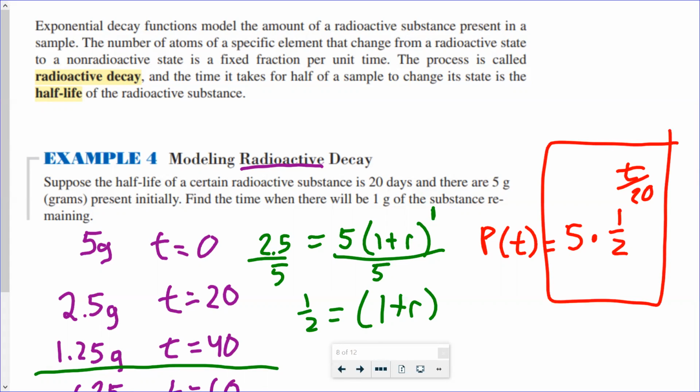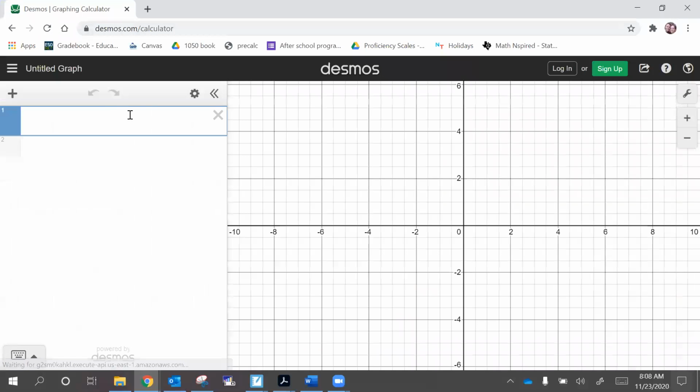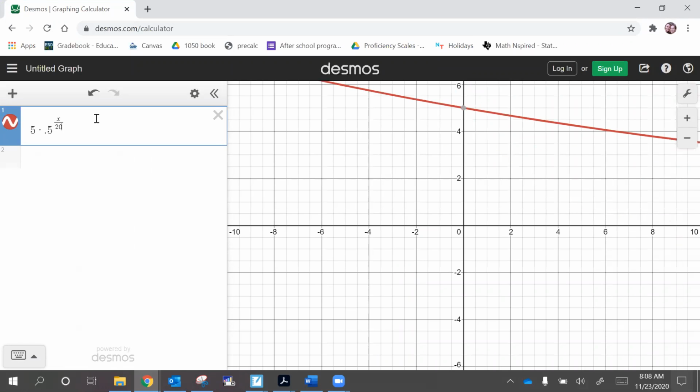So I'm going to pull up my Desmos again, and I'm going to refresh it because we are not going to be measuring nearly as high as before. So let's just get a new screen. The first one is 5 times 1 half raised to the, we've got to be careful, x divided by 20.